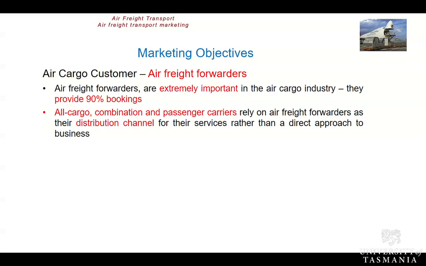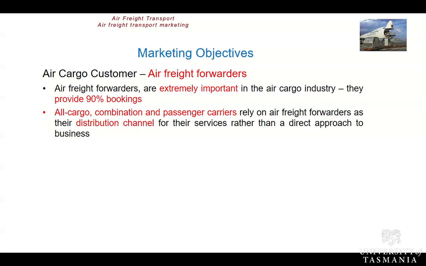And the air cargo operators that rely extensively on the freight forwarder are your all cargo operators, your combination carriers and your passenger carriers. They rely almost entirely on air freight forwarders, whereas the express carrier or integrator, they bypass the freight forwarder and they go direct to the customer.